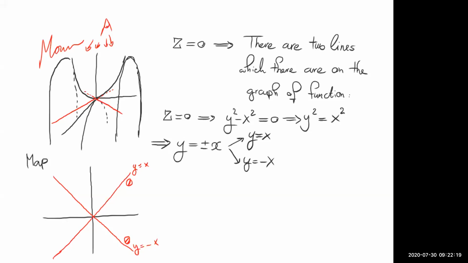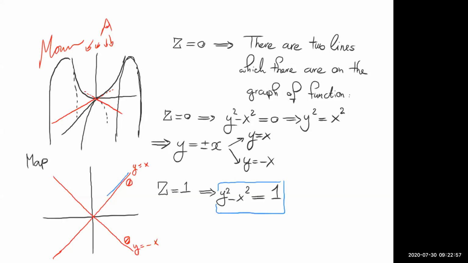So what are the points where the elevation from sea is 1? That means y squared minus x squared is equal to 1. Does anyone know what is the graph this represents? Okay, yeah, so y squared minus x squared equals 1 looks like this.